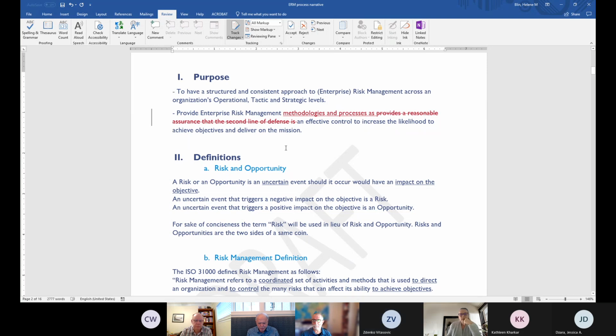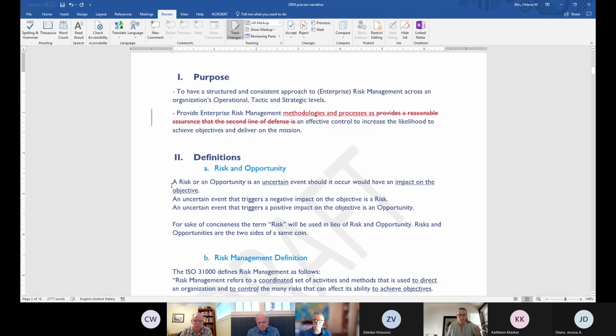So for the definition of risk and opportunity, it's really a standard definition, either from the ISO 31000, from the COSO framework, or from the APRM, which is the Association of Professionals for Risk Management. So a risk or an opportunity is an uncertain event that, should it occur, would have an impact on the objective.